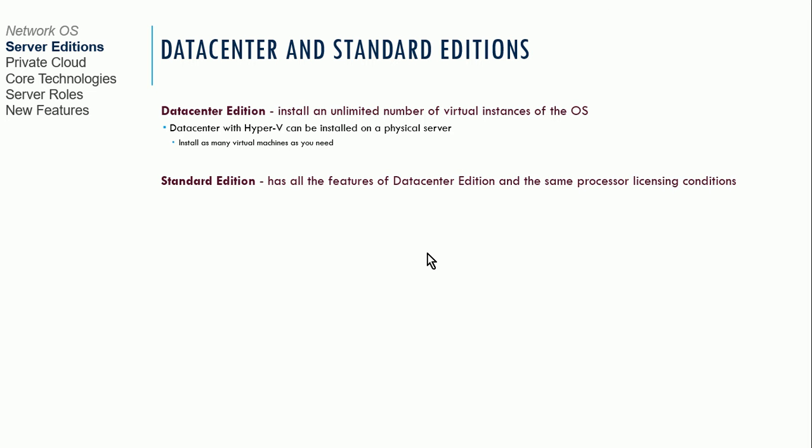You can have lots of these virtual machines running. And this is how most data centers seem to operate today through virtualization. So you must purchase 1 Data Center Edition license for every 2 physical processors installed on a server. So that's how they capture revenue on the hardware side. So typically you're not going to have hundreds of virtual machines running on hardware with only 2 processors.